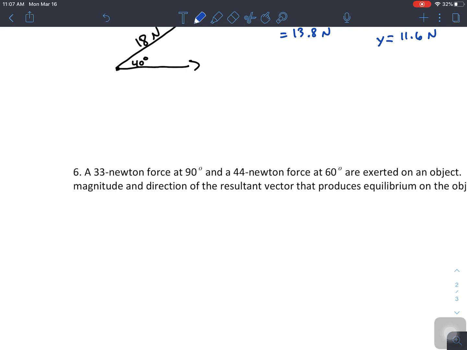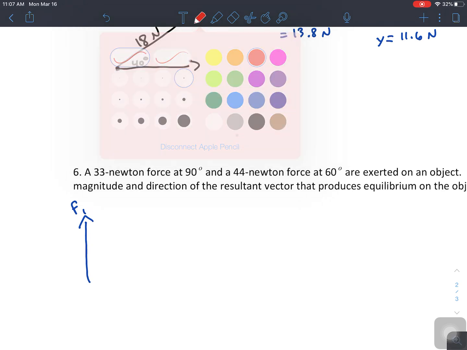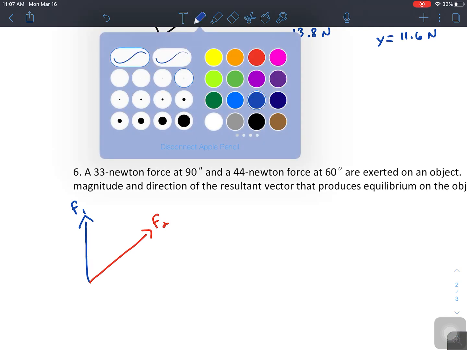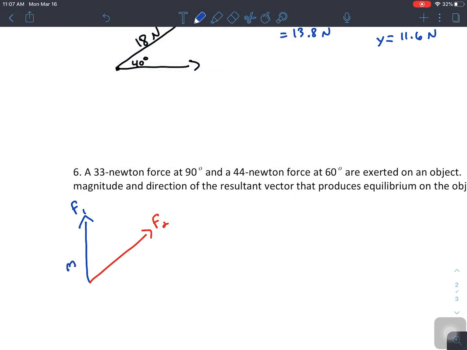Okay, so we have two forces. We'll call this one force 1. Call this one force 2. Put some information in here. So this is 33 newtons.